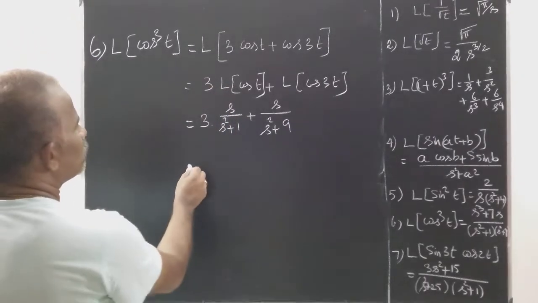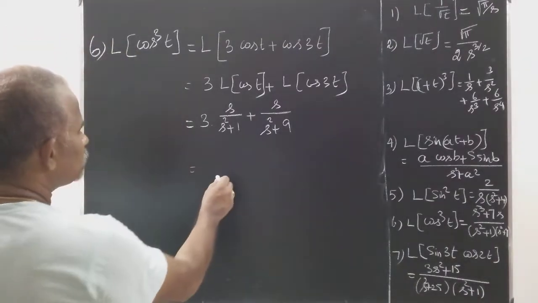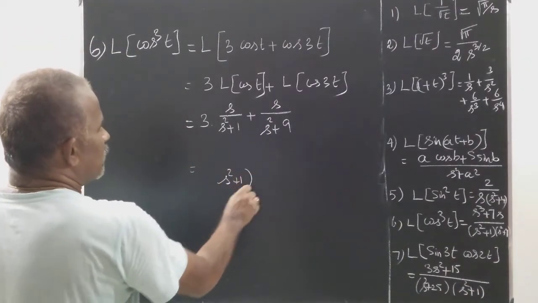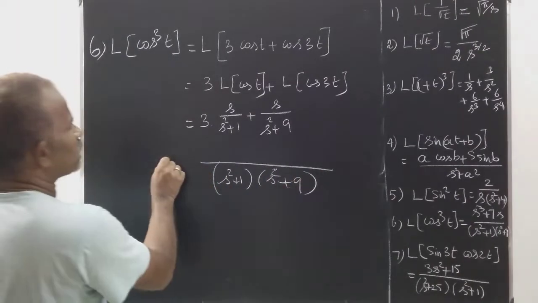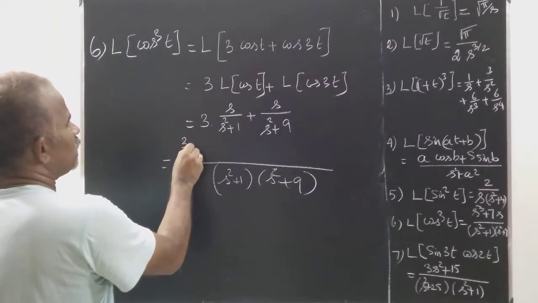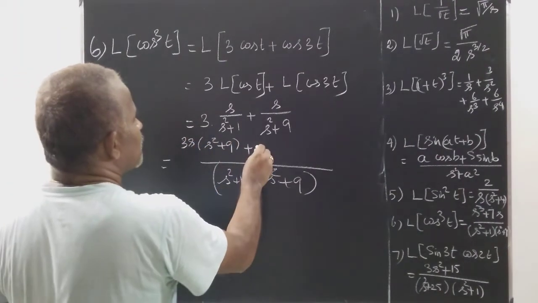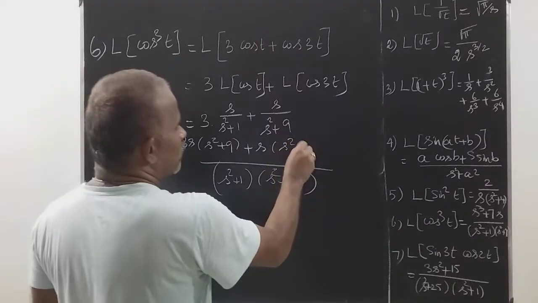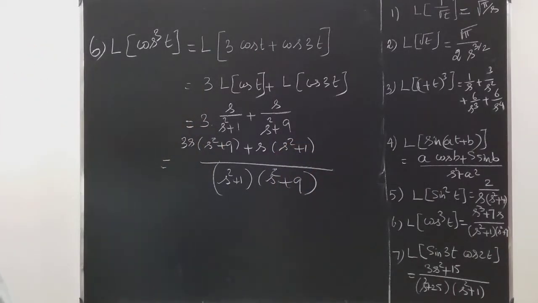So therefore you have to take LCM. S square plus 1 into s square plus 9. So therefore 3s into s square plus 9 plus s into s square plus 1.